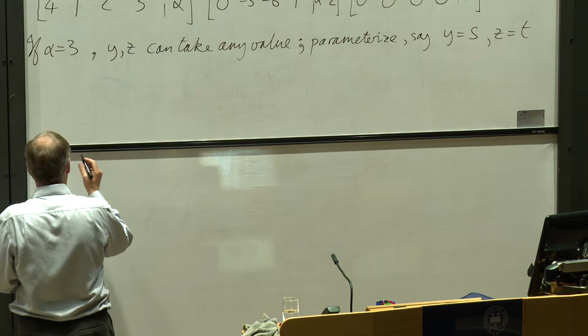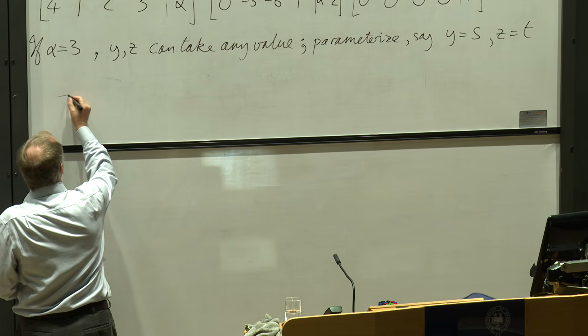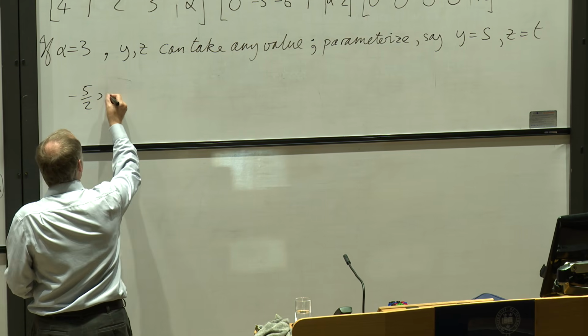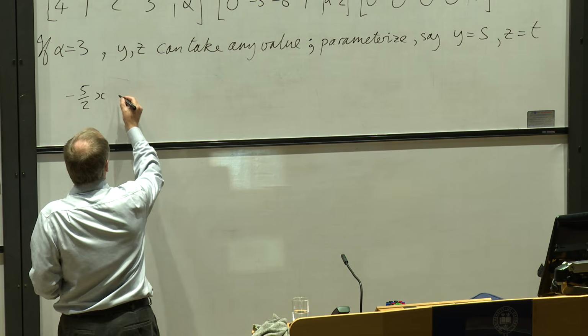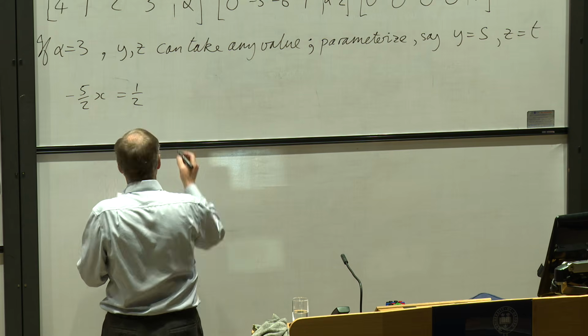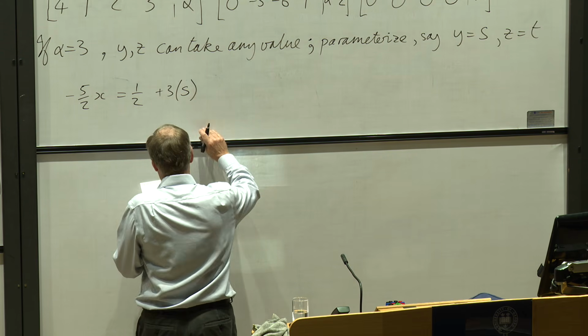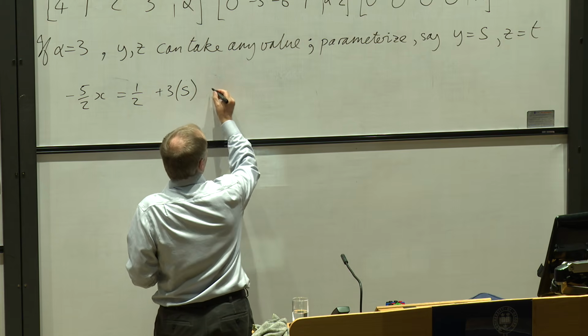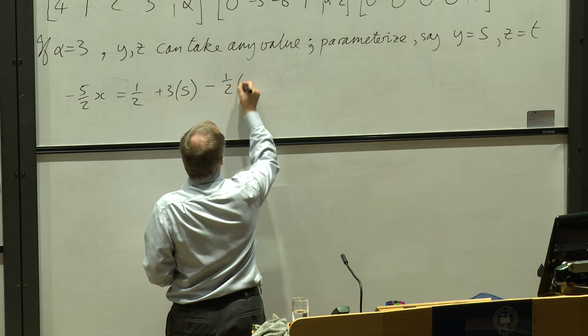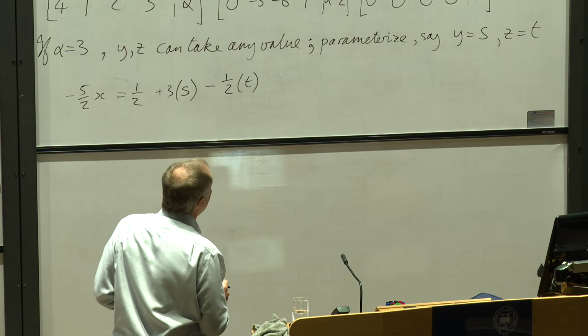I get that minus 5 over 2 lots of x is equal to a half plus 3 lots of s minus a half lot of t. Minus 3s? No, it's plus 3.